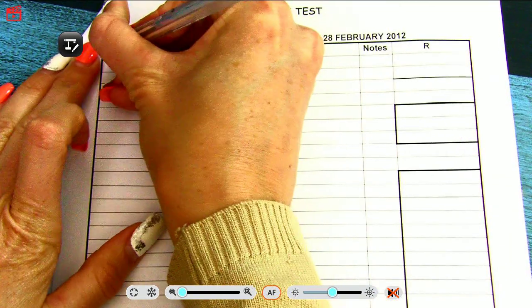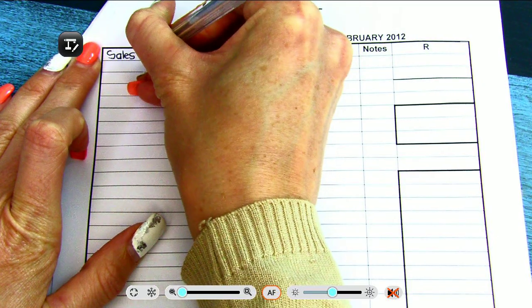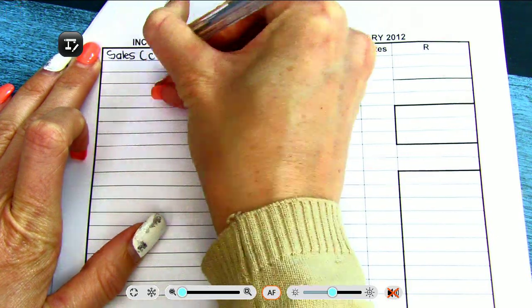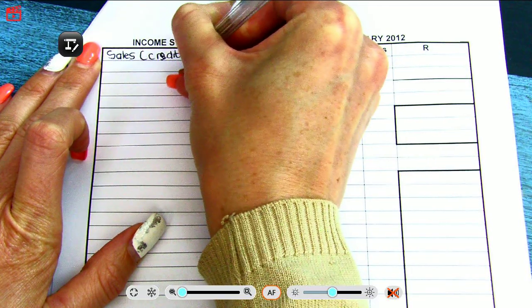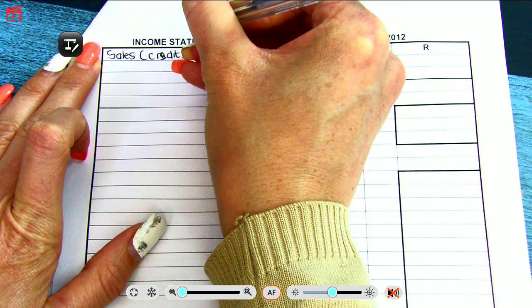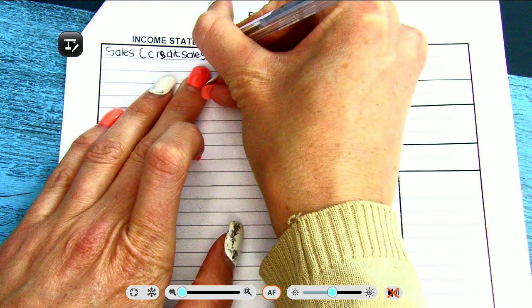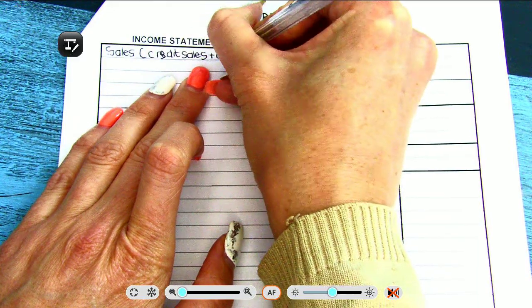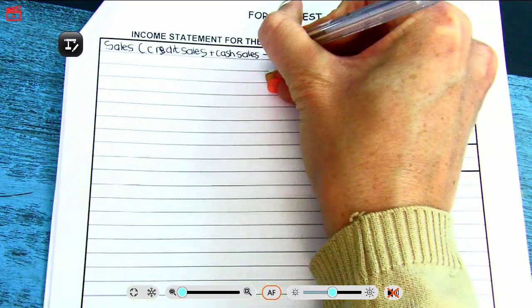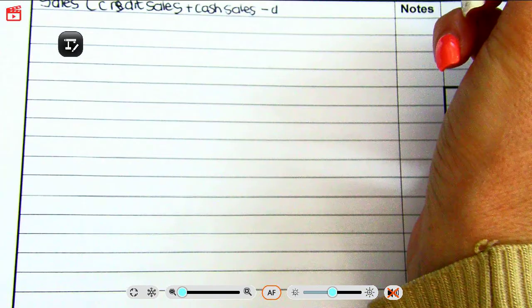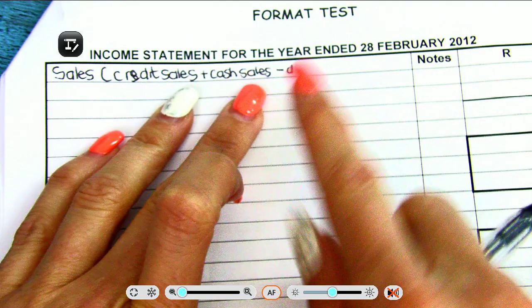So we start with sales. And we know that is credit sales plus cash sales minus debtors allowance.